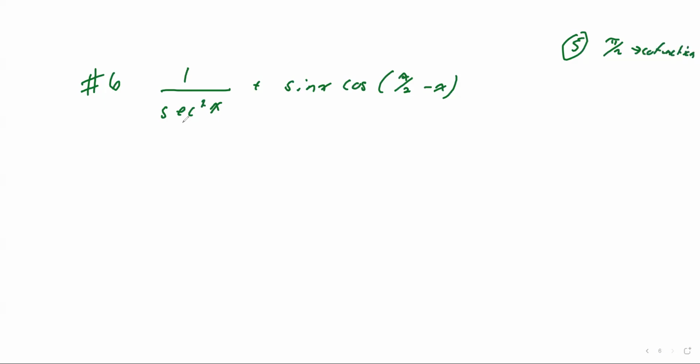I'm going to leave this right here for now. Actually, what I'm going to do is use the reciprocal identity and turn this into cosine squared x, because if I don't have to have fractions, I don't want to use fractions. Get rid of fractions as best you can.